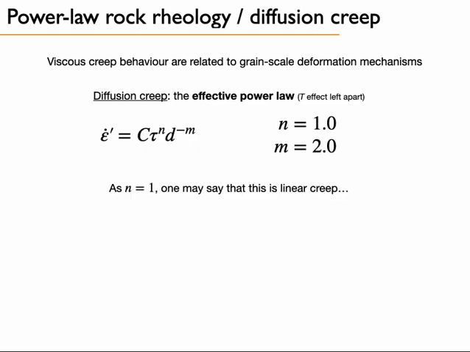In fact, if we leave apart the effect of temperature, diffusion creep is simply this law here, tau to the power n and d to the power minus m. n is 1, so one may think that this is a linear creep flow law. But don't forget that m is 2.